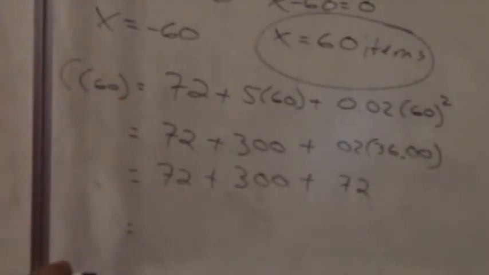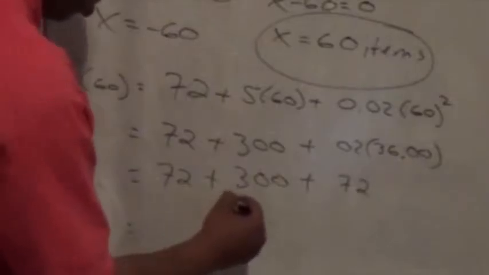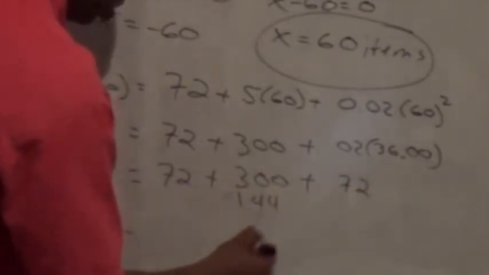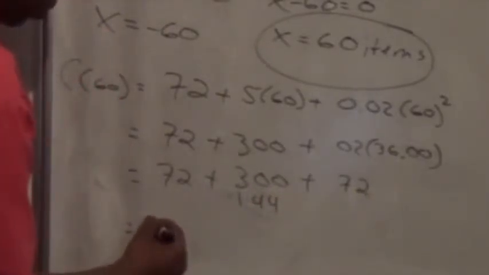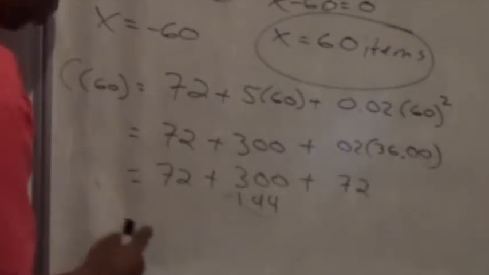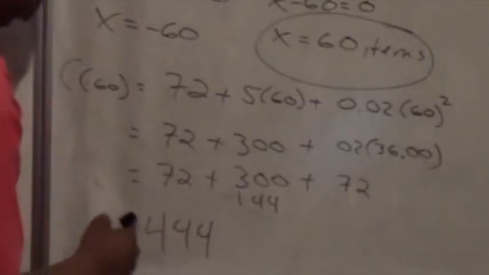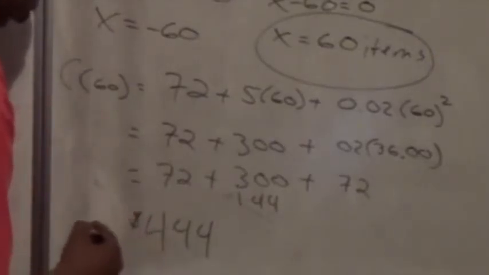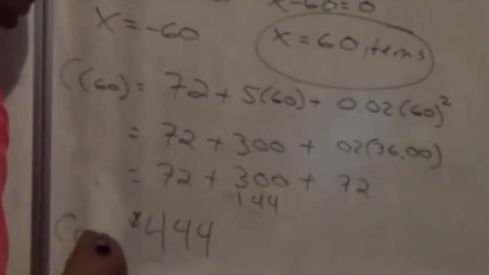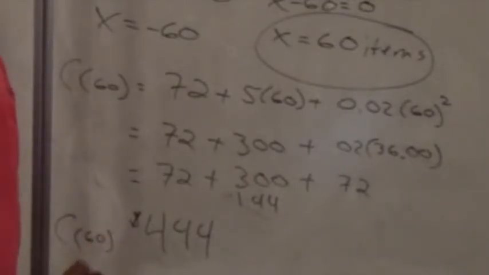The 72s will add up to 144. So 144 together with the 300 gives me 444. So this will be my average minimum cost.